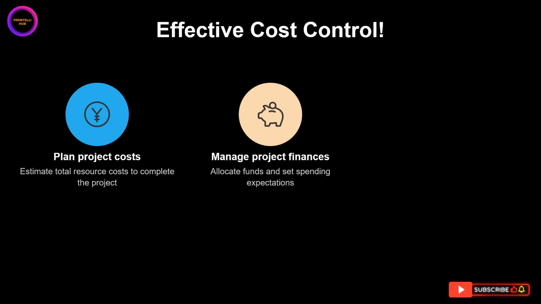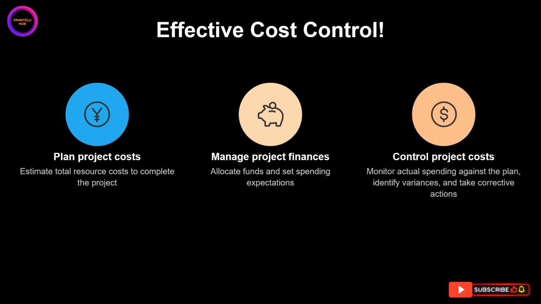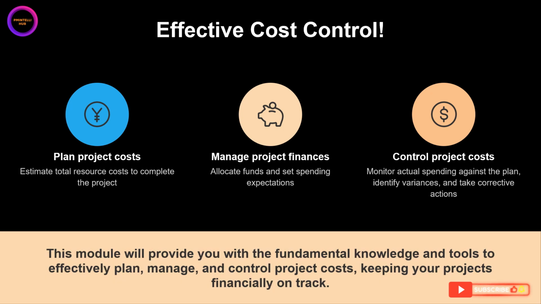And third, we control project costs. This is an ongoing process of monitoring our actual spending against the plan, identifying any differences or variances, and taking corrective action to get back on track. By the end of this module, you'll have the fundamental knowledge to effectively manage all three of these areas.